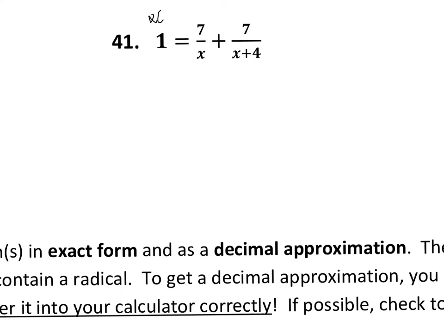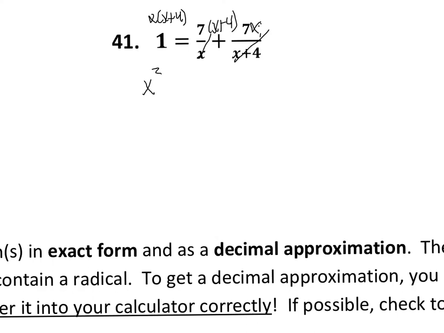What happens with this first 7? The x's are going to cancel, so I got 7 times x plus 4. Now what's going to cancel on this last one? The x plus 4s are going to cancel, so I'm left with just 7x.